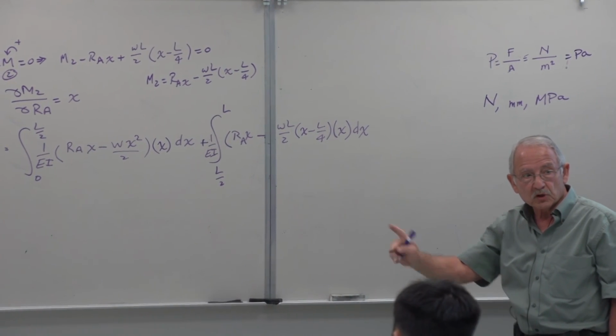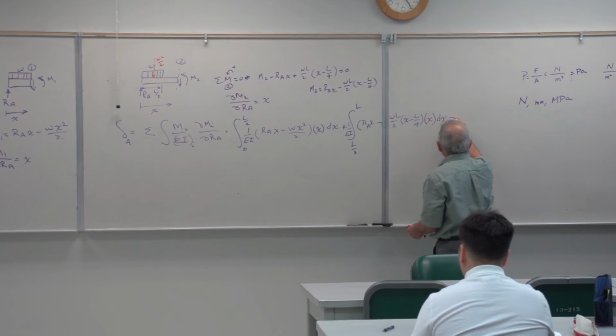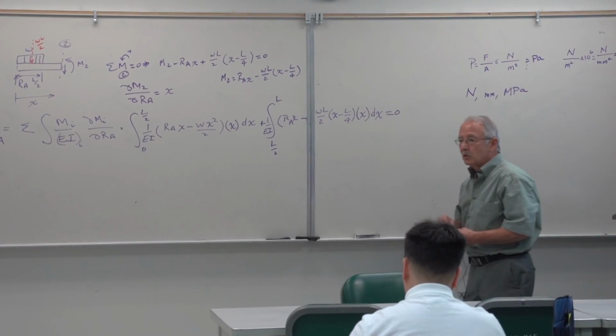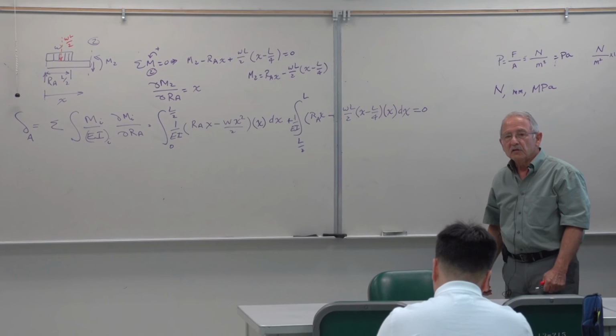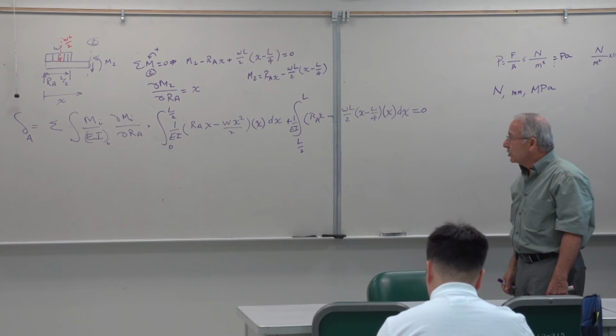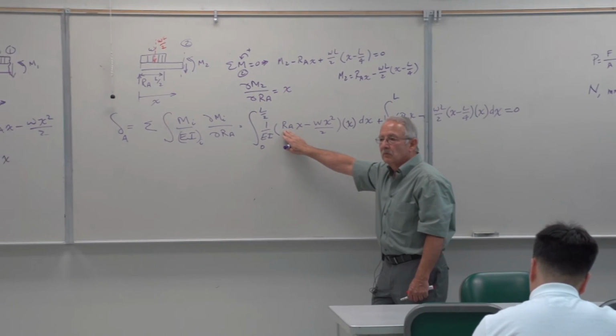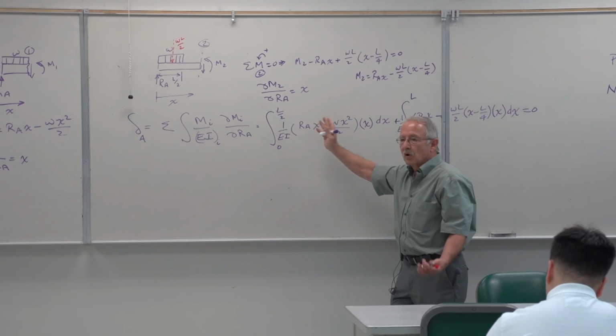It must be 0 because you have a support there. Set that equal to 0, evaluate the integral, put in the limits, one equation, one unknown, that unknown is RA. You solve for RA.